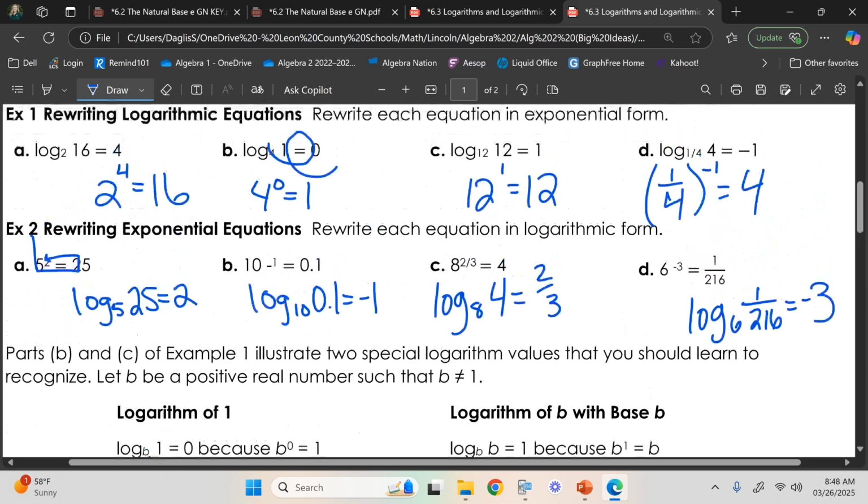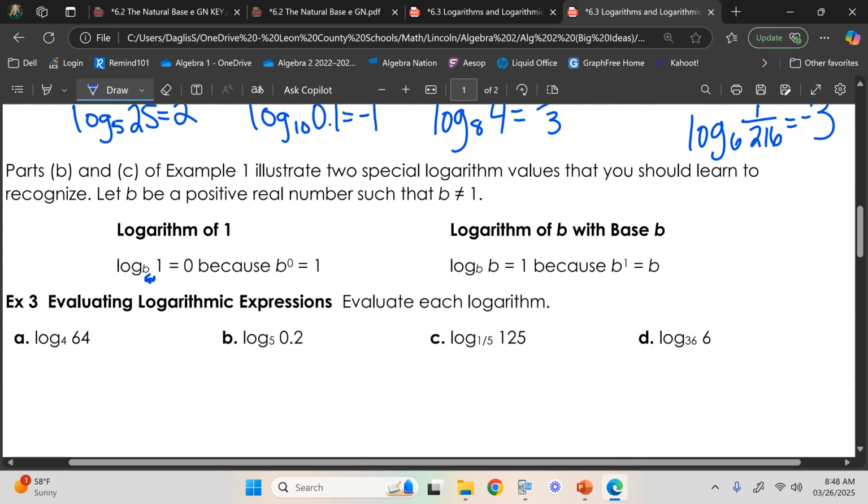And that showed up in part C. So see like the 12, 12, that was 2, 2, a million. If those are the same number, it has to equal 1. Cool? So special things to pay attention to. And this is going to show up when we start solving. It's going to help us a lot.